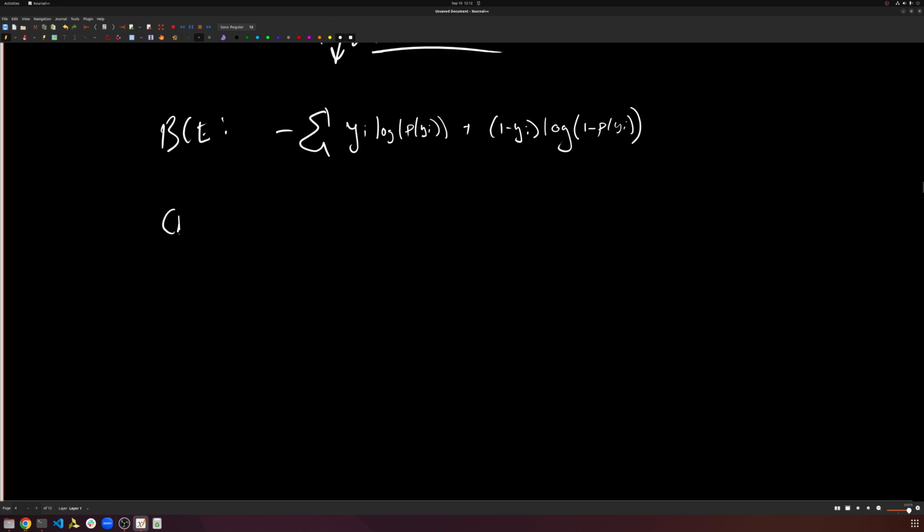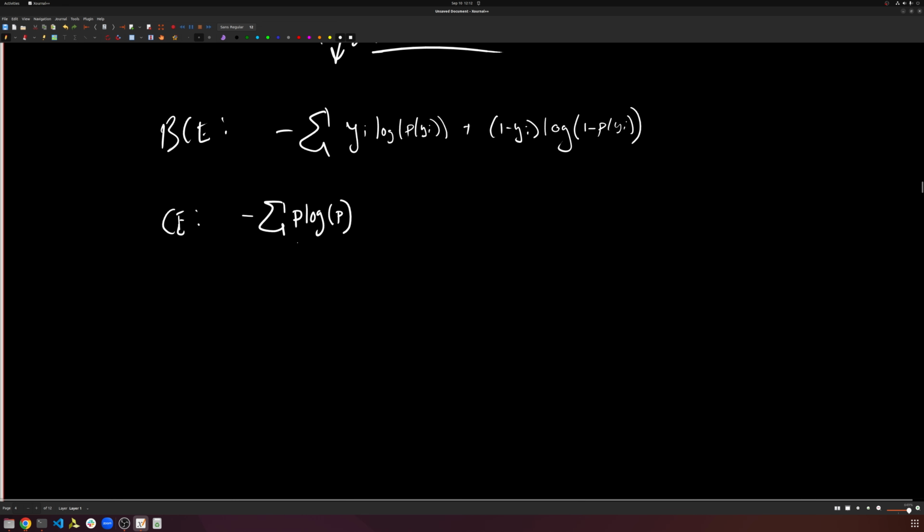Cross entropy is just a simplification of this. We're going to do negative sum of probability times the log of the probability, and that's it, right? So this is just a simplification. This is basically the same thing as this, right? You just summed up for the binary task, but yeah, this is fine. So this is basically our cross entropy loss.